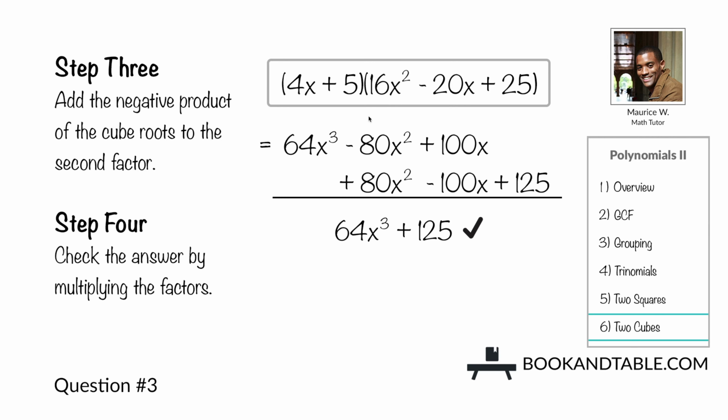And 5 times 25 is positive 125, leaving us with 64x cubed plus 125, our original polynomial, and thus confirming that we found the correct factors, 4x plus 5 and 16x squared minus 20x plus 25.